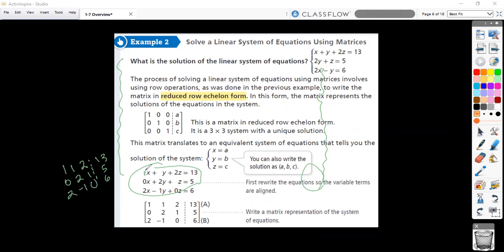That's the coefficients here. 1, 1, 2. That's the first row. 0, 2, 1. If there's no number, that's the second row. 2, -1, 0.